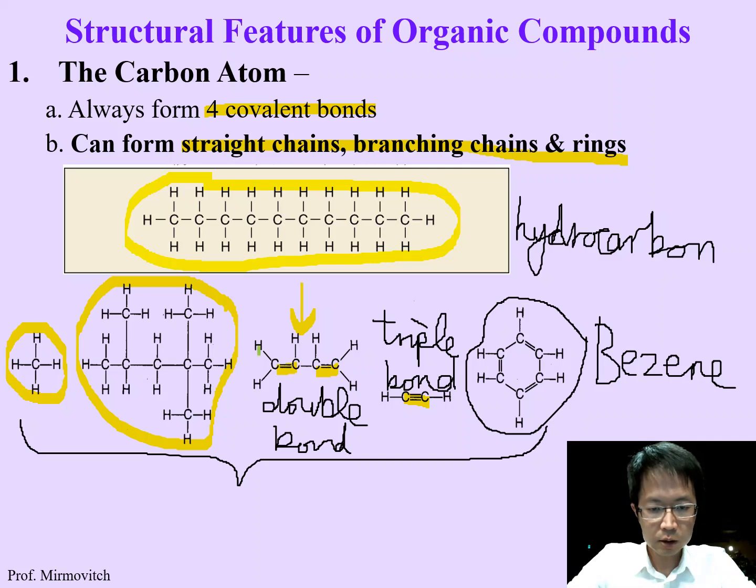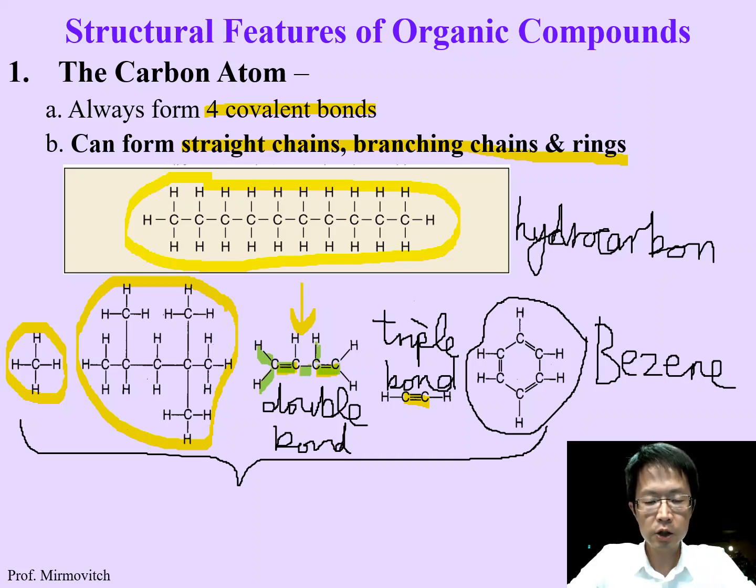So 1 covalent bond, 2 covalent bond, and then 3, 4 covalent bond here. So similarly, 1 covalent bond here, and then 2 covalent bond here, and then 3 and 4 covalent bond here.